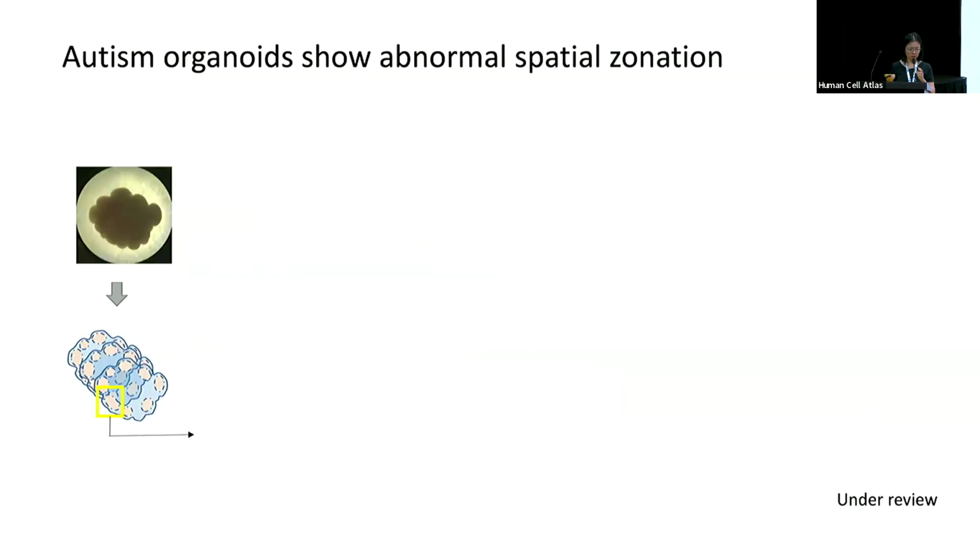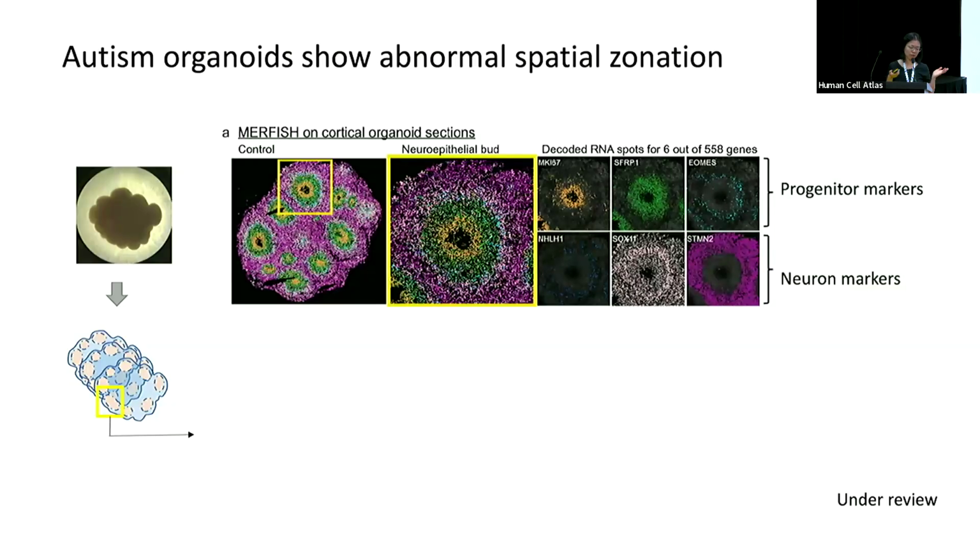Now, what you're looking at here is a brain organoid in our hands. You'll see those little buds on the surface. You can think of each of those buds as a unit of the cortex. It's what we call neuroepithelial buds. You can take cross-sections through the organoid, and this is what it looks like with MERFISH. This is assaying for 500 plus genes, even though I'm showing you just 6 genes.